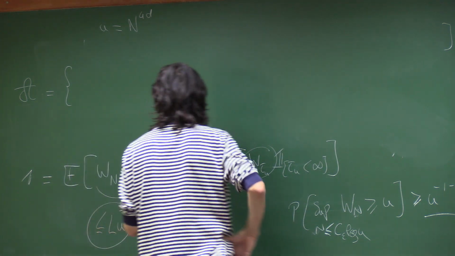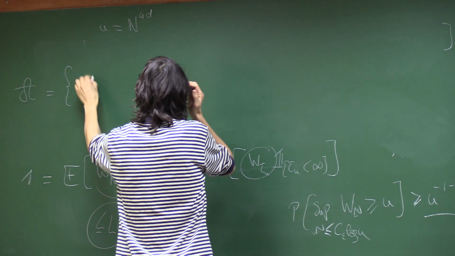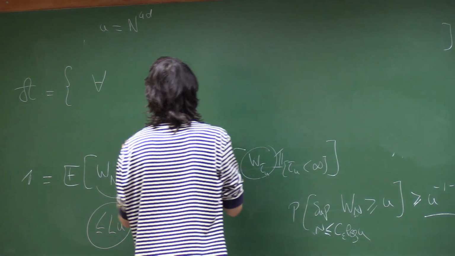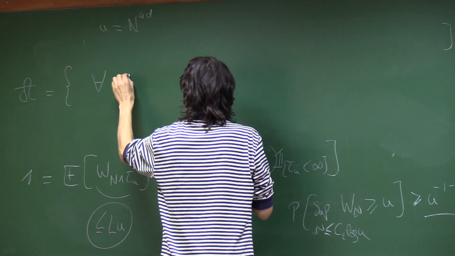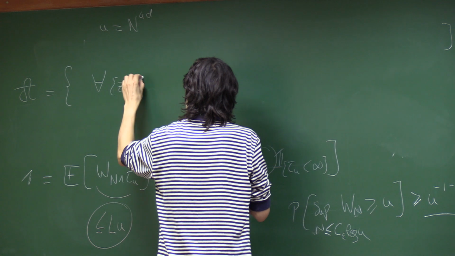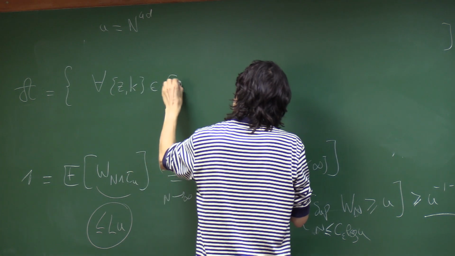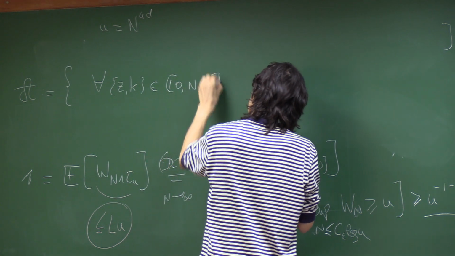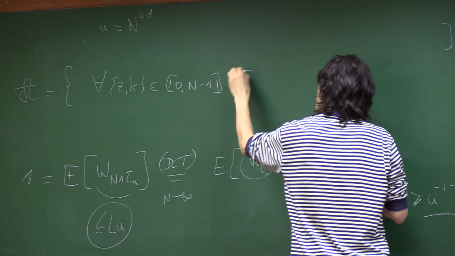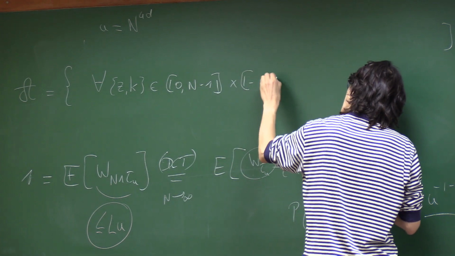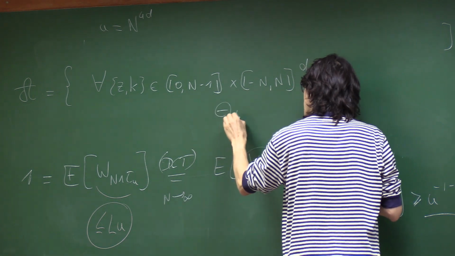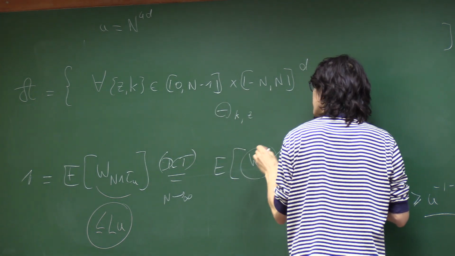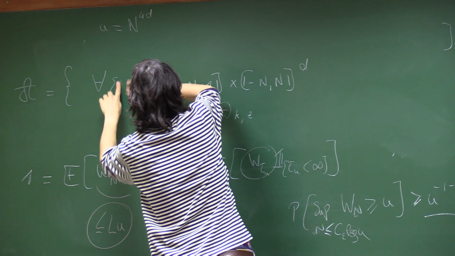And I'm going to consider the event A, which is the following. I want that for all z, k in 0 to n minus 1 times minus n to the d, theta kz of Wm, maybe it's kz here.